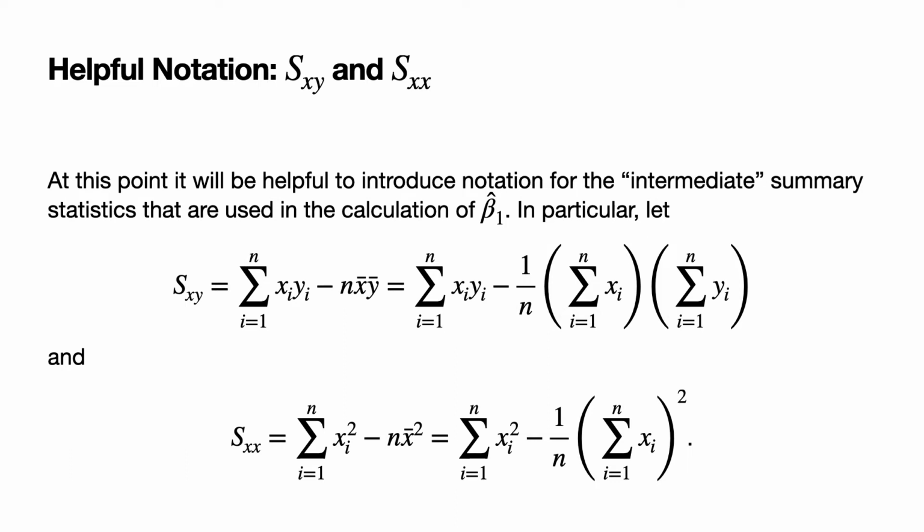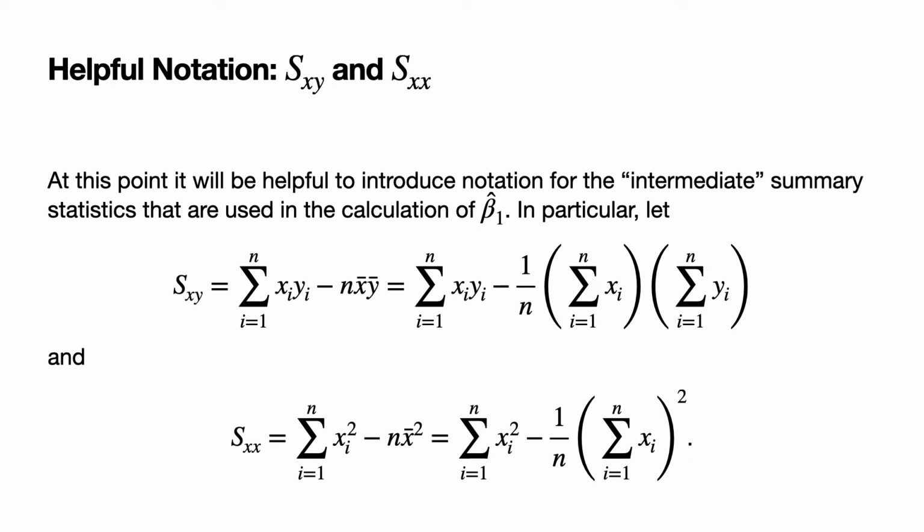Similarly, let's define the quantity S sub xx as the sum of the squared x values minus n times the square of x bar, and that is algebraically equivalent to the sum of the squared x values minus 1 over n times the square of the sum of the x's.